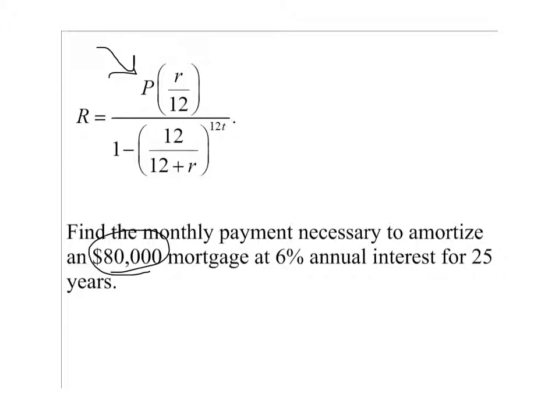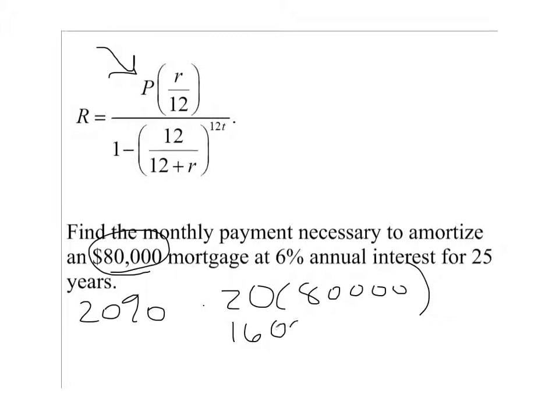In some problems, you'll have a down payment. So let's say you had a 20% down payment. 20% of $80,000 is $16,000. So you wouldn't be financing the $16,000 if you had a down payment.